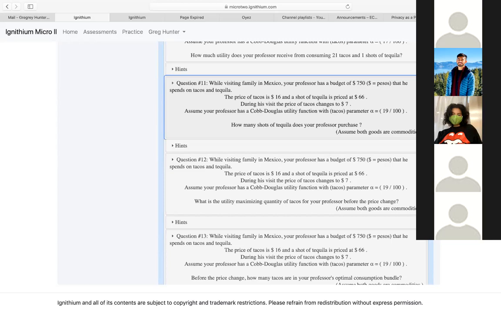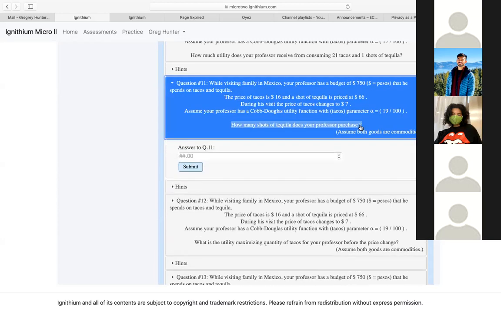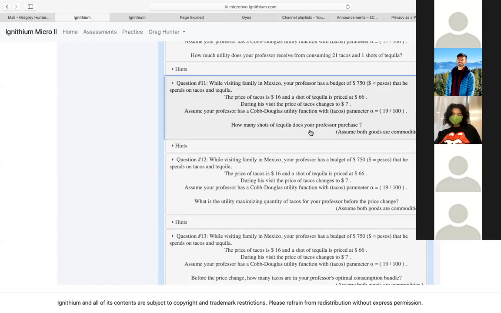And you would be surprised how many students can solve the optimal consumption bundle. But if you ask them a simple question like, given all this information, what does your professor actually choose to do? Then they completely lose it because they don't understand that the mathematics is a prediction of what a real-life person will choose to do.